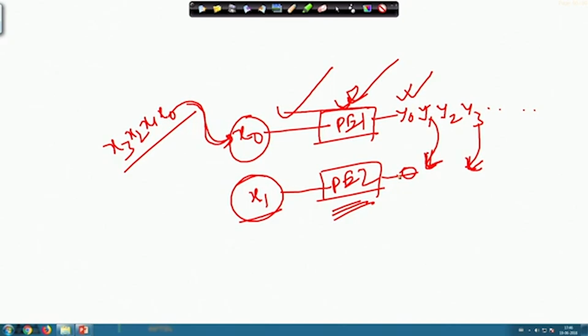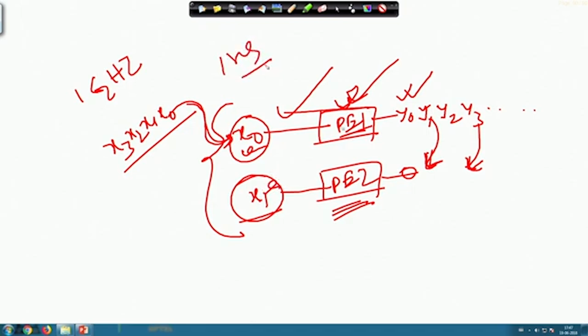Now, after this processing element, if 1 gigahertz was the sampling speed, I can increase it, as I need to produce 2 samples within 1 nanosecond. Otherwise, one of these elements will remain idle. If my sample clock period is 1 nanosecond, this will come at 1 nanosecond, and that one will just remain idle.